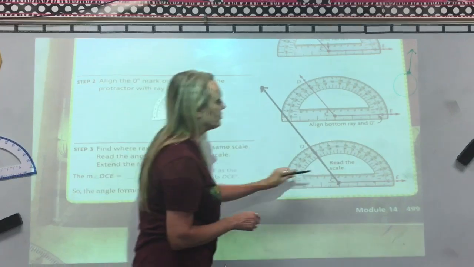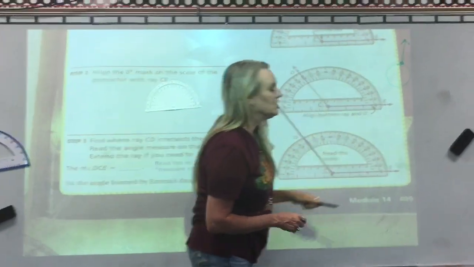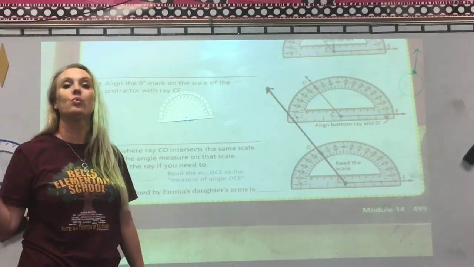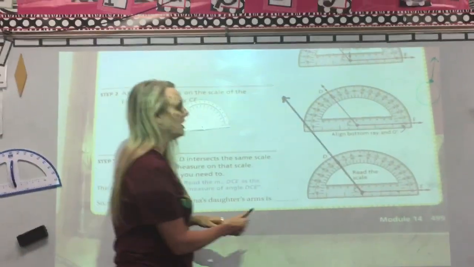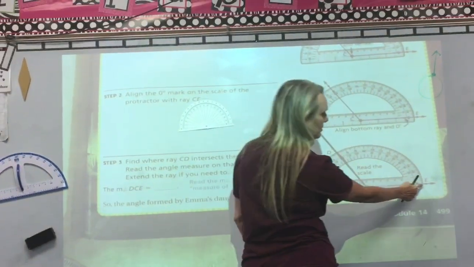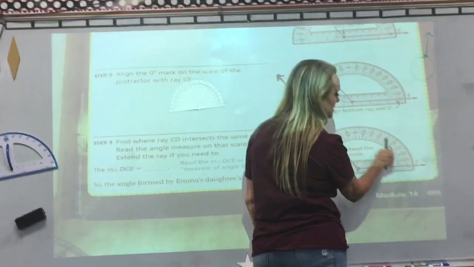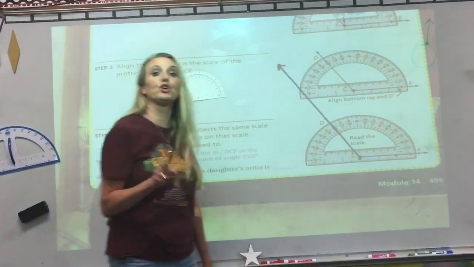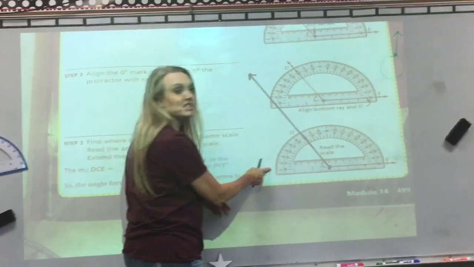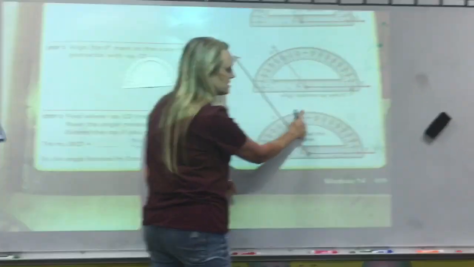Now look at where this ray is pointing. When we have a straight angle, we have a 0 degree tick mark and a 180 degree tick mark. Always look to where the 0 is. The 0 is on the bottom scale, so that's the one we're going to read, wherever the 0's at. If the 0 was on the top, we would read the other scale.